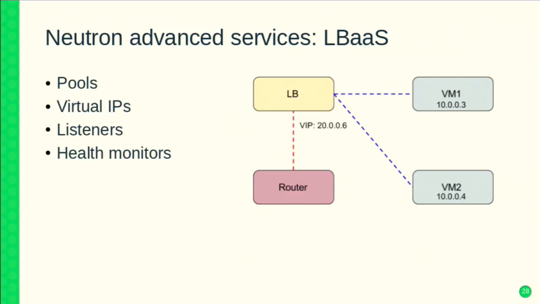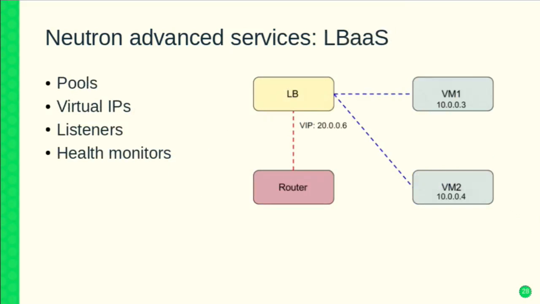A virtual IP is the IP that you will use to reach the service, the IP that is then load balanced. And then you have the listeners, which are a configuration of these virtual IPs. And then you have the health monitors that just make sure that the load balancer and the pool are still healthy and up and running.